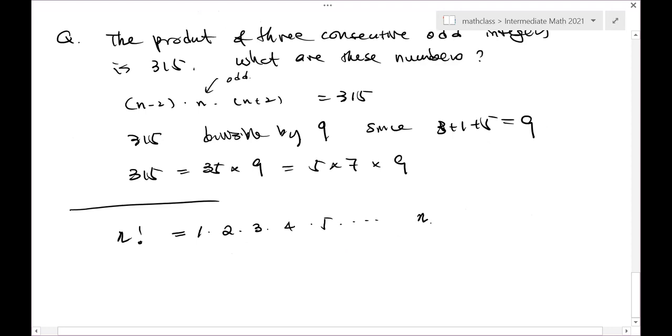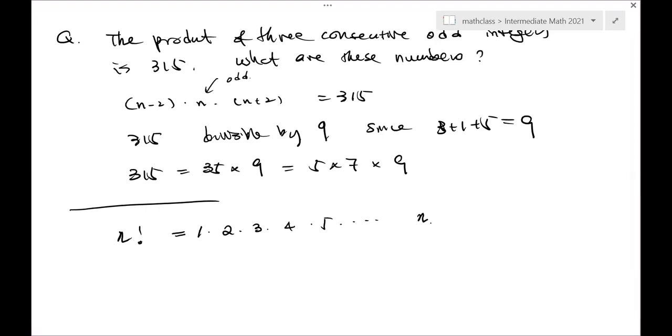This number increases very fast, faster than any exponential. You can check that. For example, 100 factorial will be a huge number, so huge that you cannot even write it down on a piece of paper.